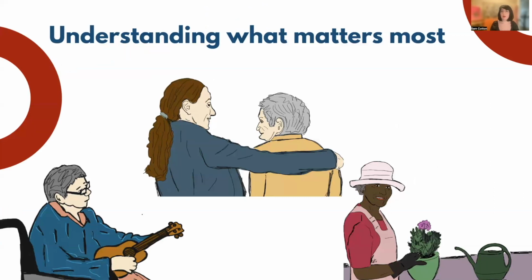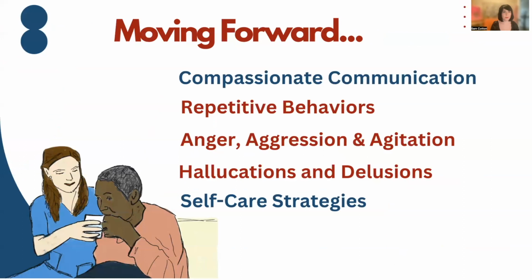We also covered thinking about what matters most to the individual, considering all of those unique values and preferences that a person with Alzheimer's disease might have, and how we better incorporate that into our work from a compassionate standpoint within the caregiving experience.